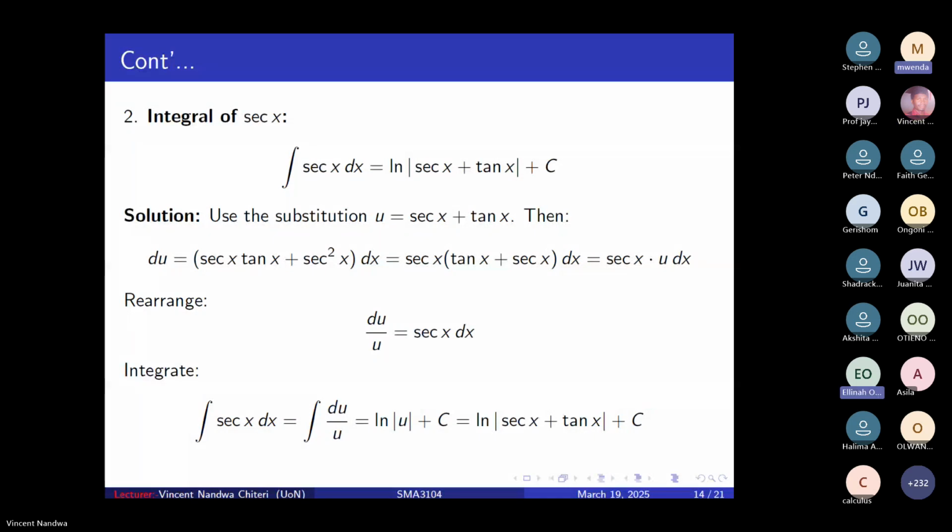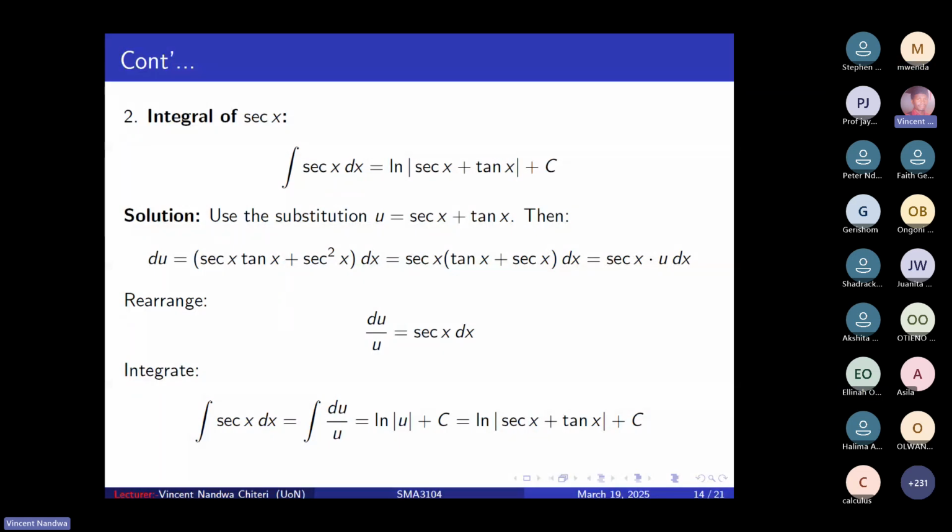Can you multiply the numerator and tell me what is the new function now? When you multiply through, the numerator will give you? We said sec x times 1, and that one you're writing as sec x plus tan x over sec x plus tan x.